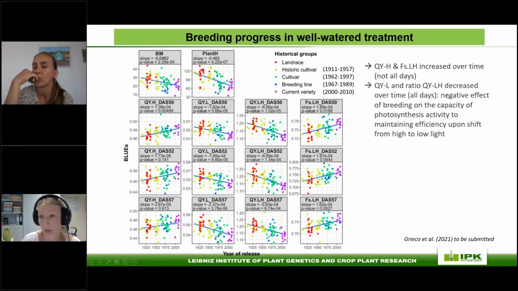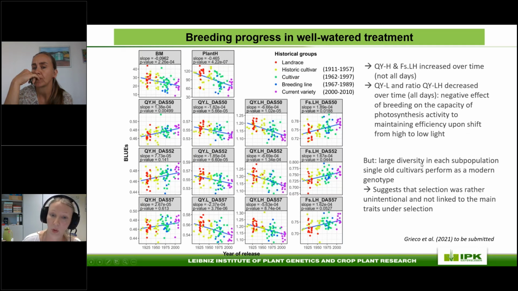And this is basically summed up here. What we also see, despite these significant trends, is that this might be a negative effect of breeding on the capacity of the photosynthesis activity to maintain the efficiency of the machinery from this shift from high to low light.